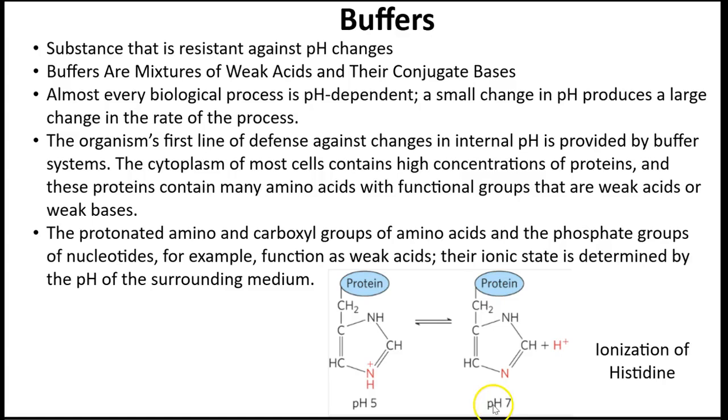Around pH 7, which is more basic, the amino acid donates hydrogens to try to decrease the pH, and that's how it's acting as a buffer. But in a more acidic environment, it can be protonated, taking up more of the hydrogens in the solution to help maintain the pH. That is how it works.